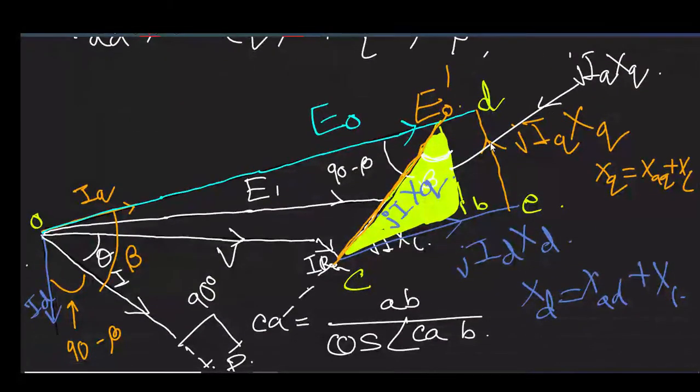Anyway, before I move to the next part for the saturated generator, I would like to do a few more mathematical manipulations with this. Here, one thing we should not overlook is that this angle delta is our power angle or load angle, right?